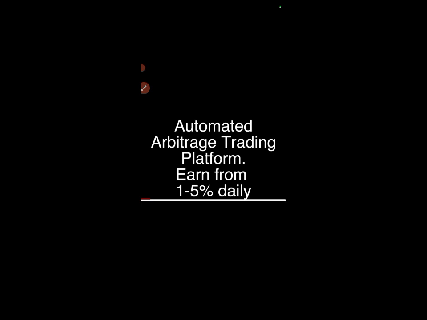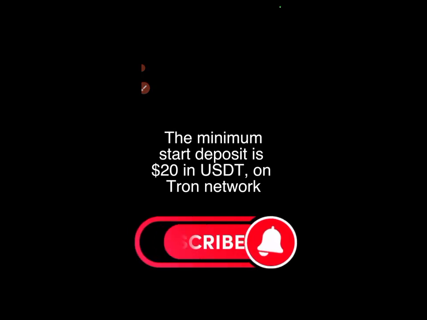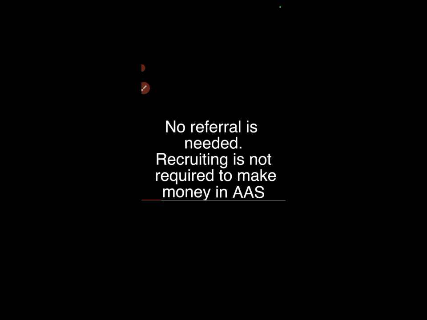A lot of people ask what the minimum is that you can start with when you want to invest on the platform. The minimum is just $20, in USDT on the Tron network. Also know that no referral is needed. We all know this, and if you don't know this, know it now.